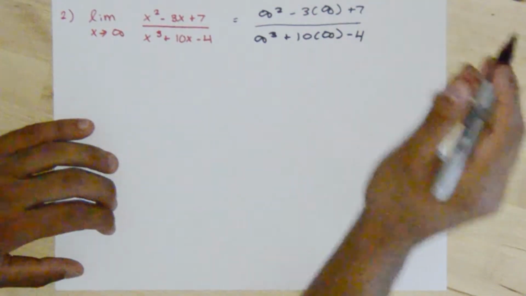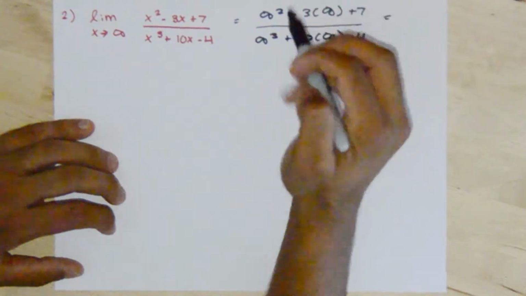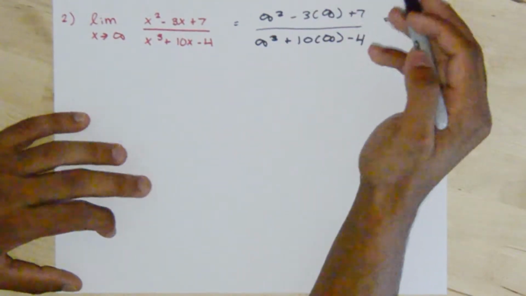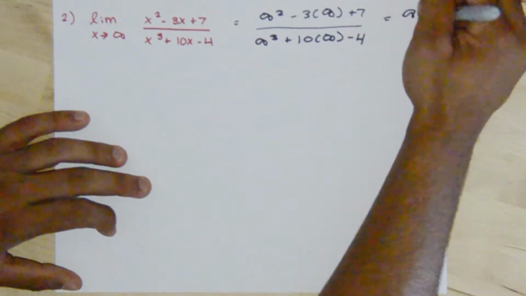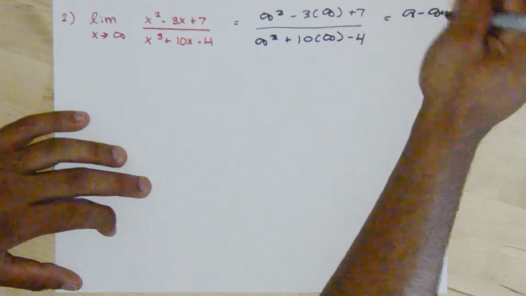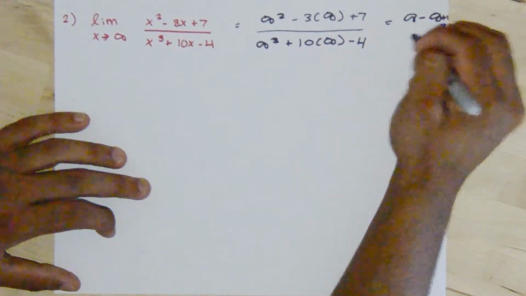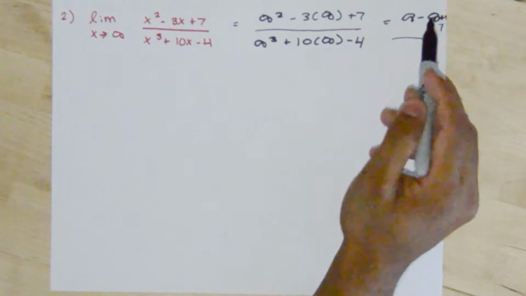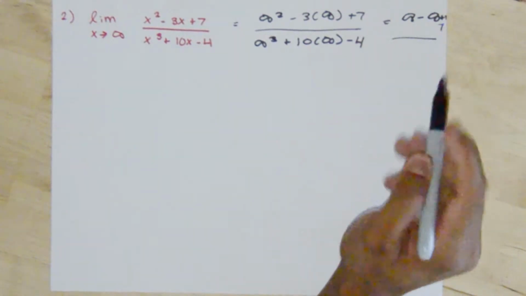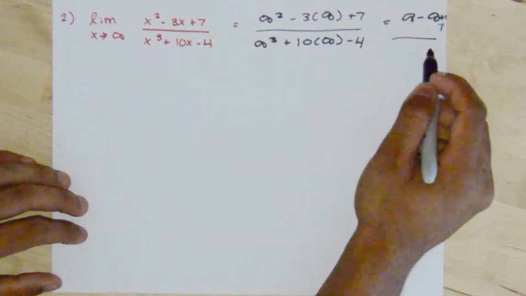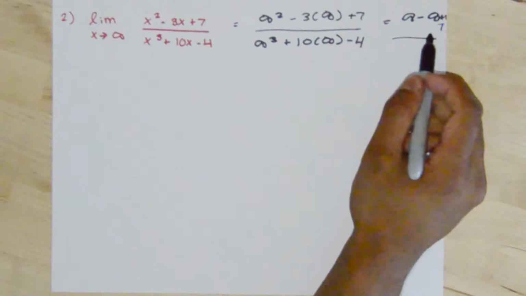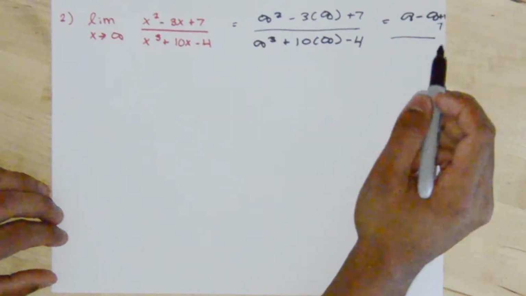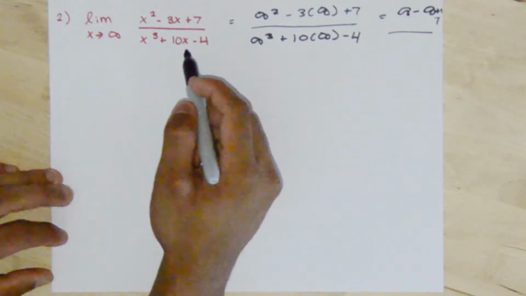And if we simplify everything out, infinity cubed minus 3 times infinity is infinity minus infinity plus 7. And just off the bat, we notice infinity minus infinity, so without even calculating the denominator, we know this will bring us an indeterminate form, and we must manipulate this function further.